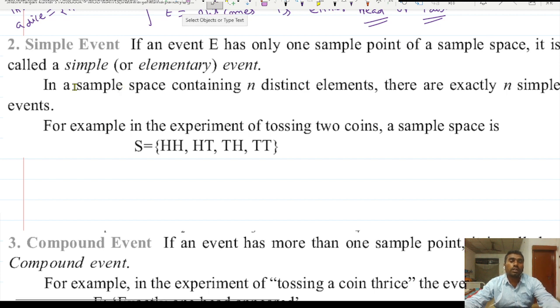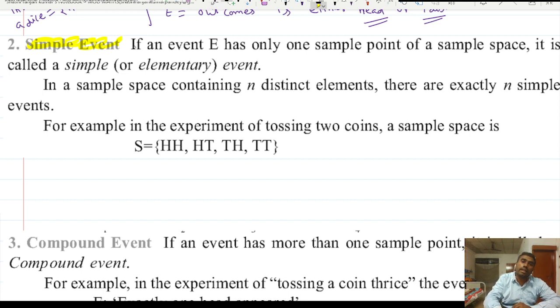Now next we have the simple event. Whatever sample space you have, if you are taking any one sample point or element from there, then that event is called a simple event.